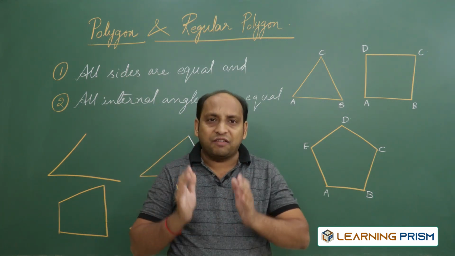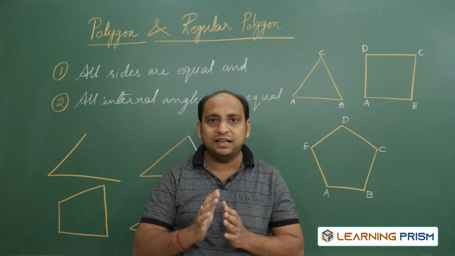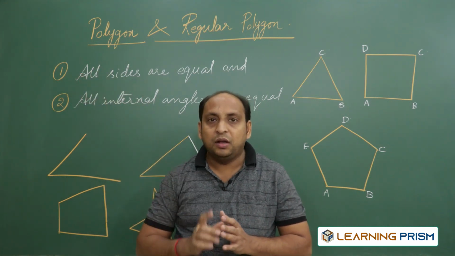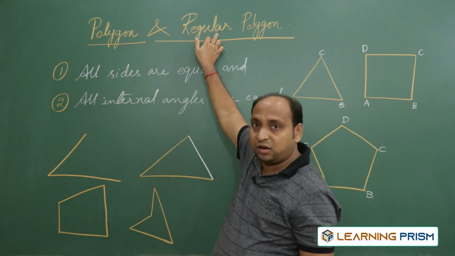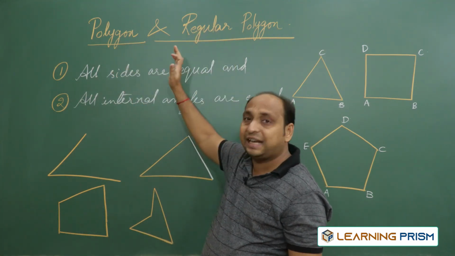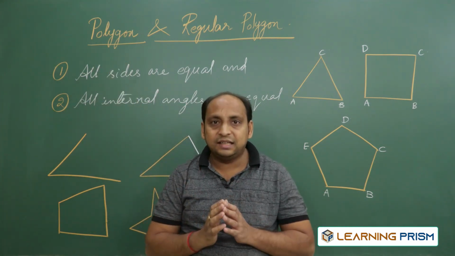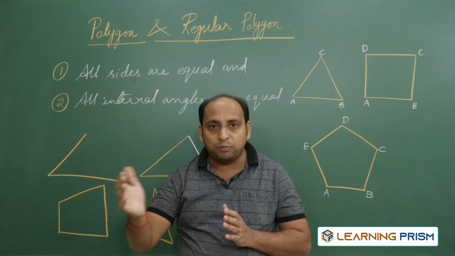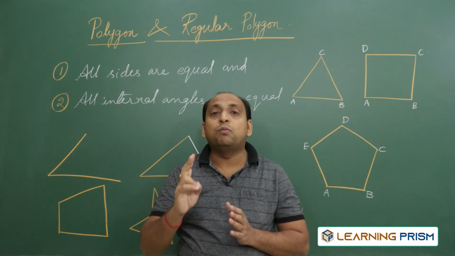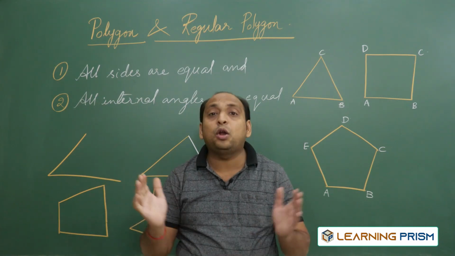As we have comfortably understood what a 2D figure is, now we can discuss what a polygon is. Now I am talking about a polygon, not a regular polygon. This is slightly different. So what is a polygon? A polygon is a two-dimensional figure or object having more than two sides, and it should be a closed one.